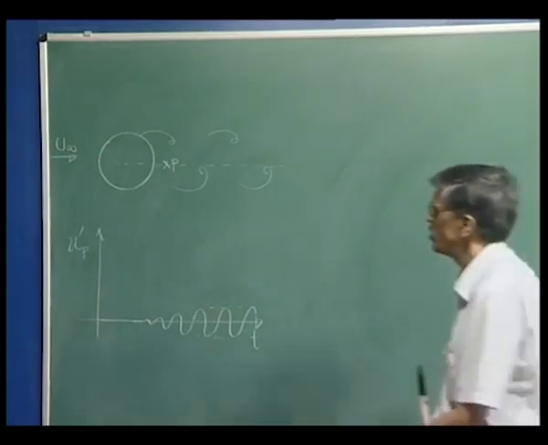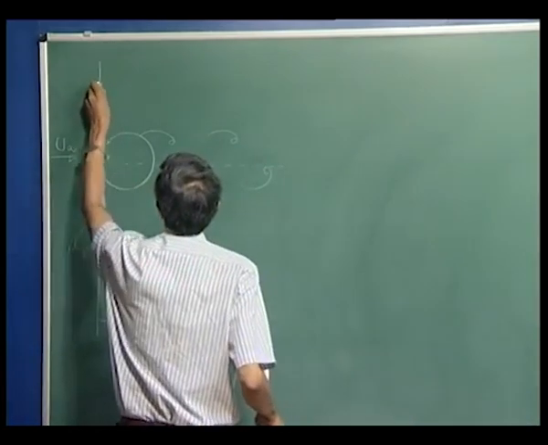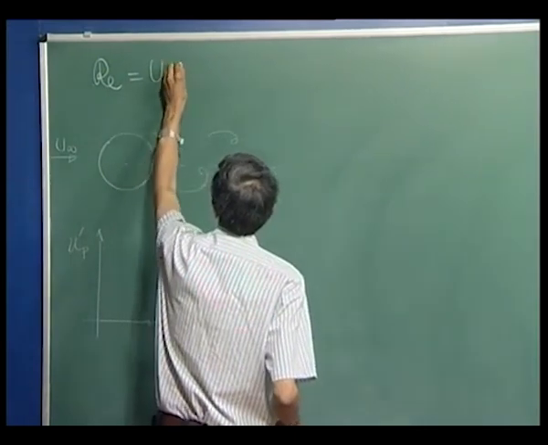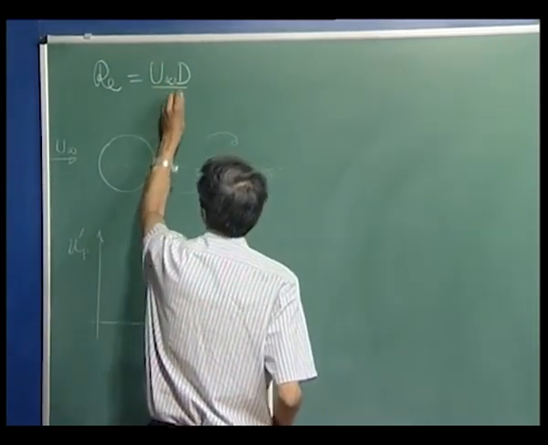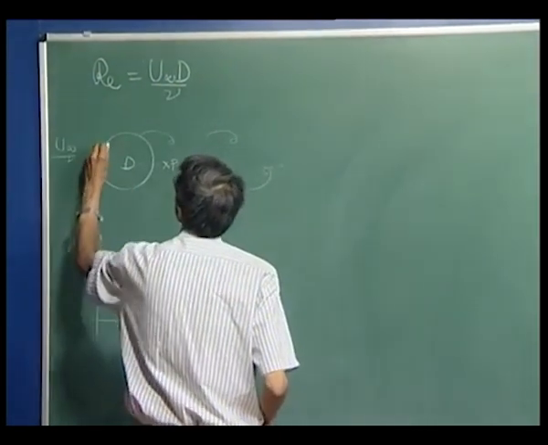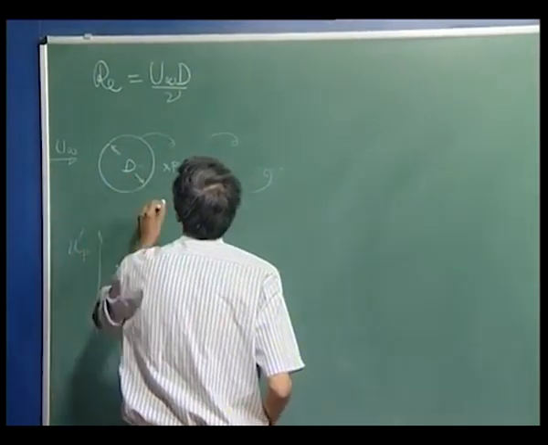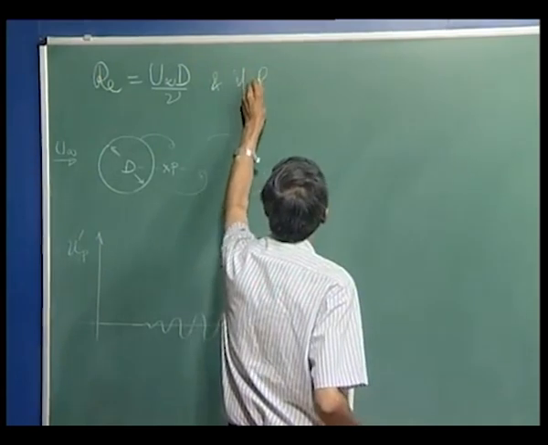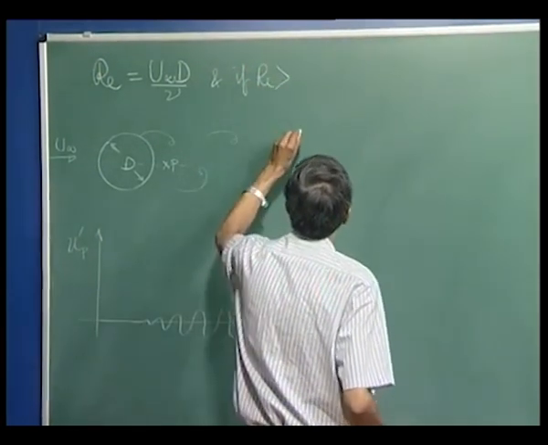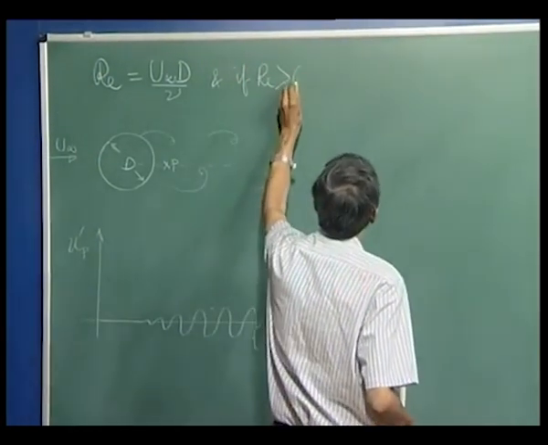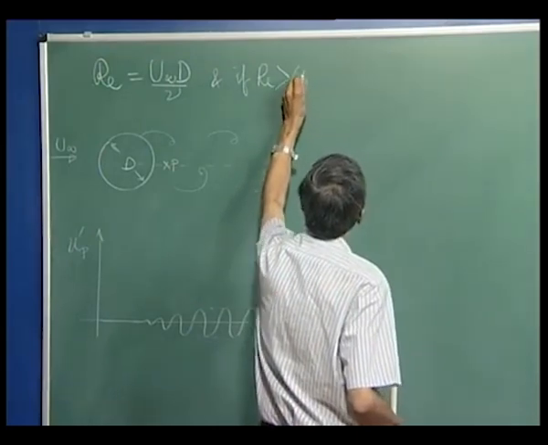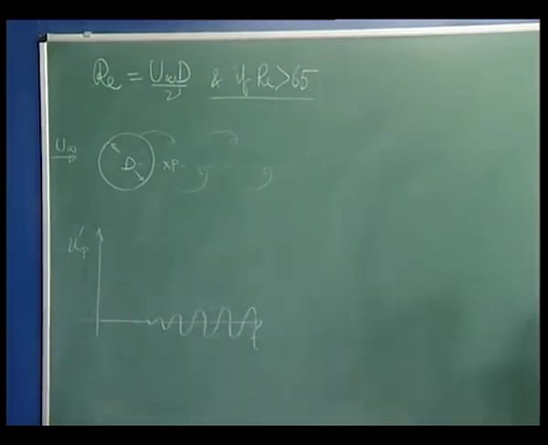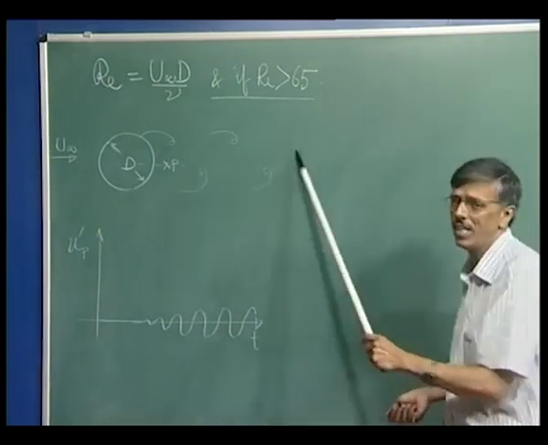And if I talk about flows for which I define the Reynolds number in terms of u infinity d by nu, where d is of course the diameter of the cylinder, and if Re, to be on the safer side, let's say is about 65 or so, then what we see is vortex shedding takes place.